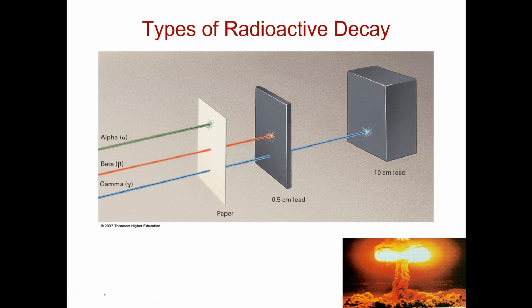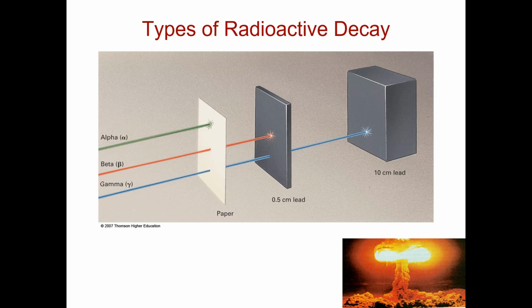So this is a diagram here to show you a little bit about the different types of radioactive decay and how easily they're able to penetrate different things. So for example, if we have an alpha particle, it can't even penetrate our piece of paper here. It's stopped just by the piece of paper.